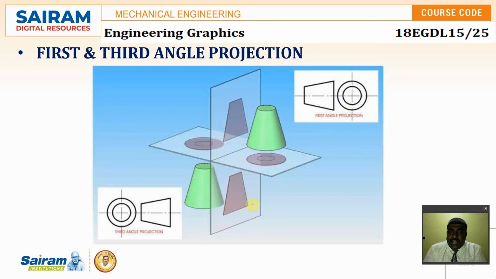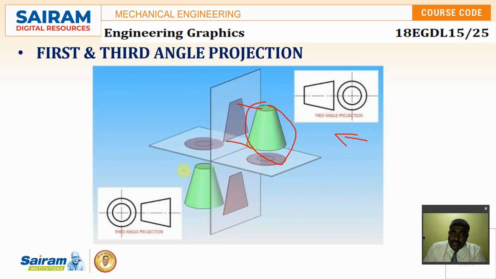Coming to the first and third angle of projection. In first angle projection, I assume that objects are in the first angle. In third angle, I assume the objects are in the third angle of projection, that is, the third quadrant. Whenever it is in the first quadrant, when I take the observer from this side, the object will be resting between the observer and the screen, which means I get a forward projection onto the plane.